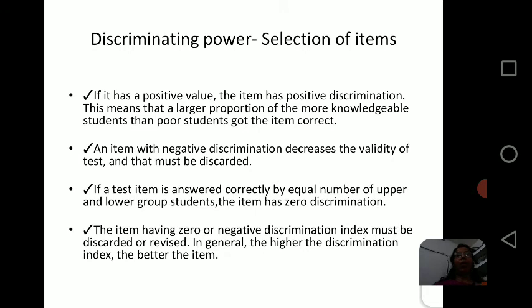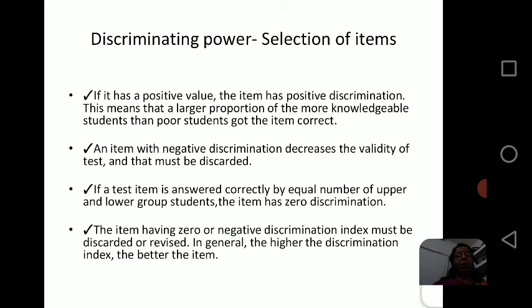That means more students in the upper group responded to the item correctly than the lower group. If the discriminating power is negative, that means more students in the lower group responded to the item correctly than the upper group. Then you should sense that there is an error in the question, because usually more people in the upper group answer the item correctly.